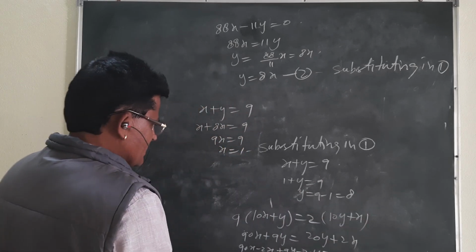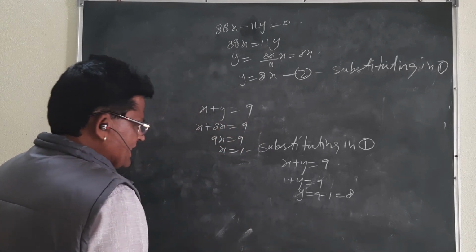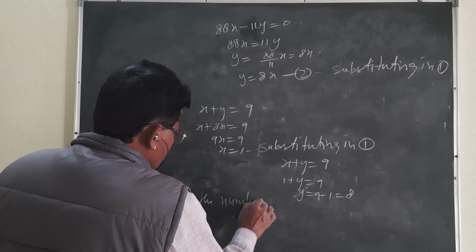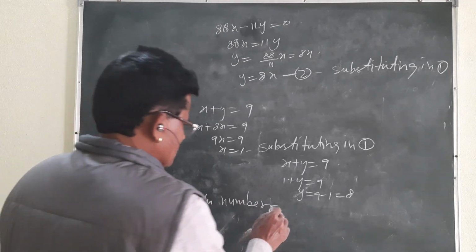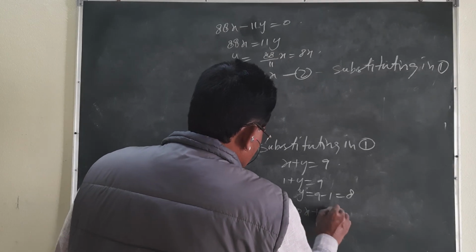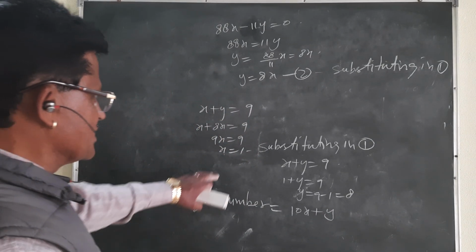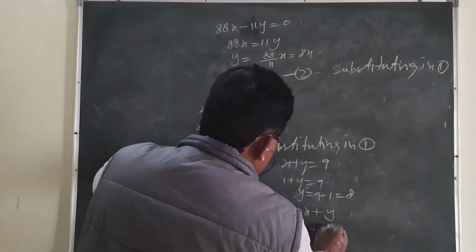Then what is the number you got? The number is equal to, the first thing which we have assumed, 10x plus y. This was the answer. X is equal to 1, so 10 into 1 plus y, which is 8.